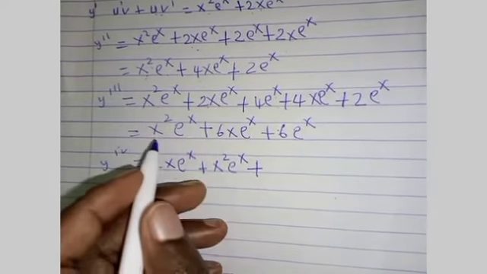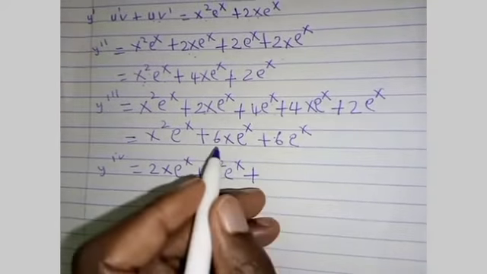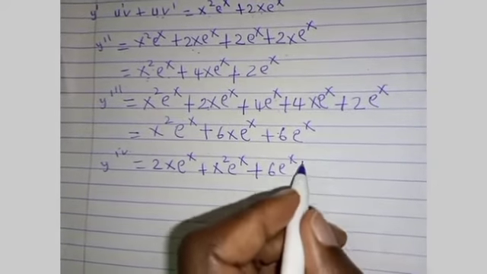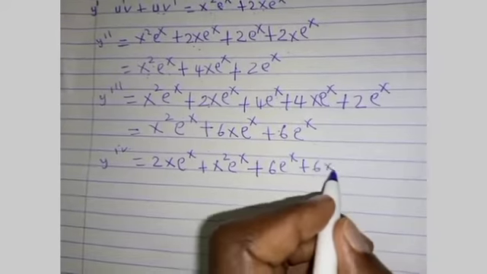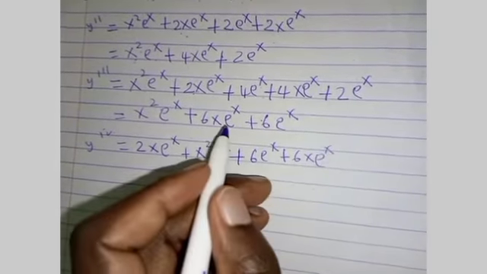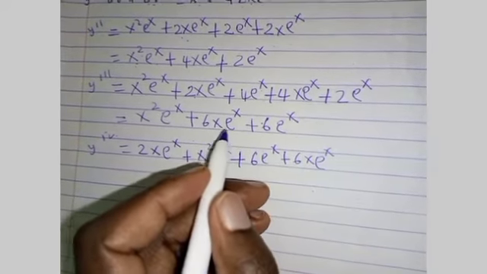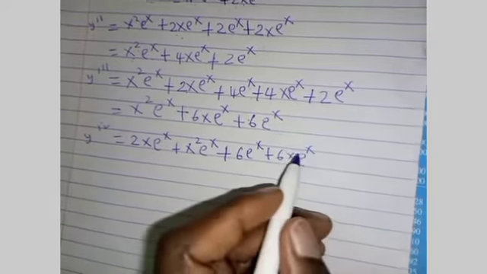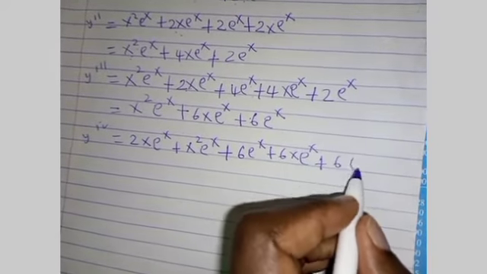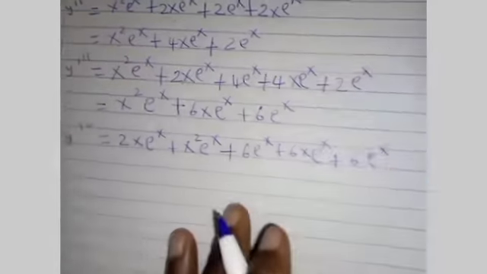Then we keep x squared constant as we differentiate exponential x. Here we have 6 exponential x plus 6x exponential x, which is holding x constant and differentiating exponential x, plus 6 exponential x. We see whether they are like terms.